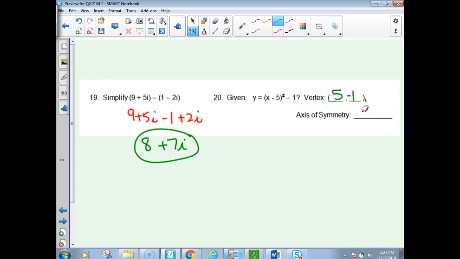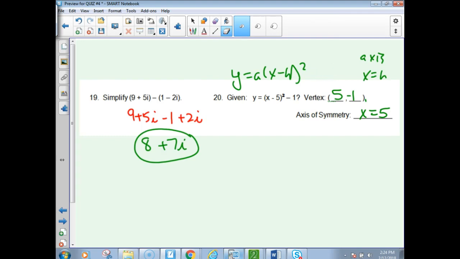Remember, the axis of symmetry would be x equals 5. y equals a times x minus h quantity squared plus k. And the axis is x equals h.